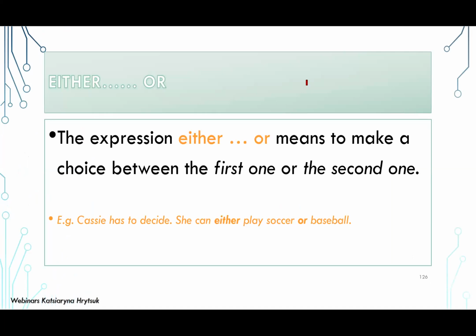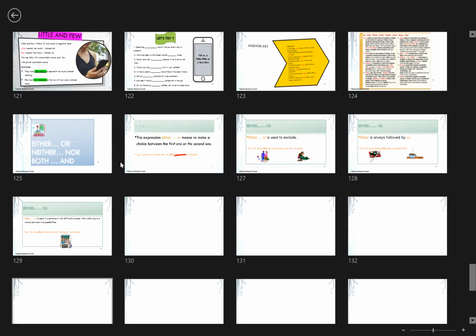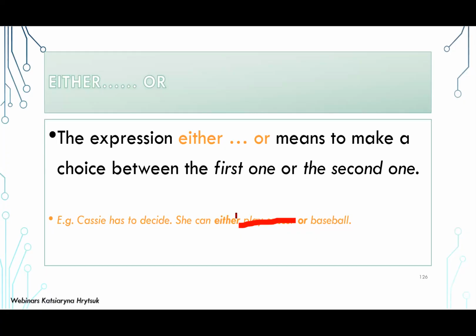The expression either or means to make a choice between the first one or the second. Cassie has to decide. She can either play soccer or baseball. So the choice between play soccer or baseball. That is the choice which they need to make. Understand? Either or.